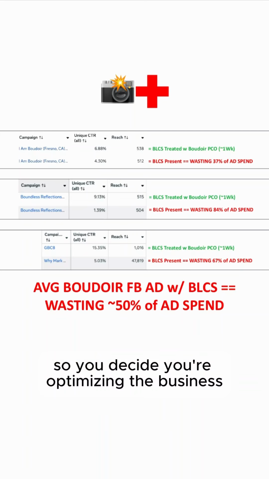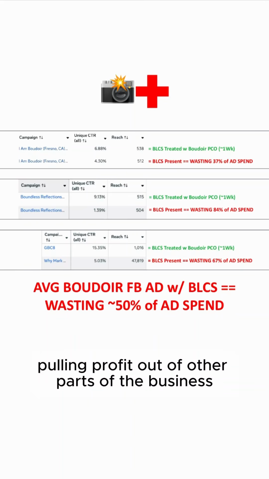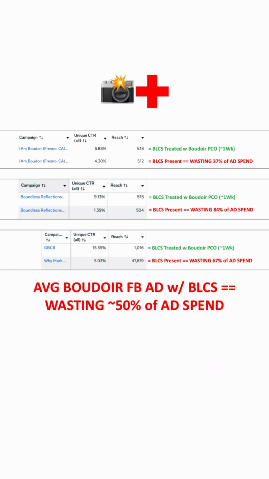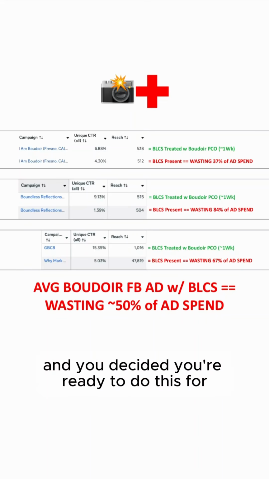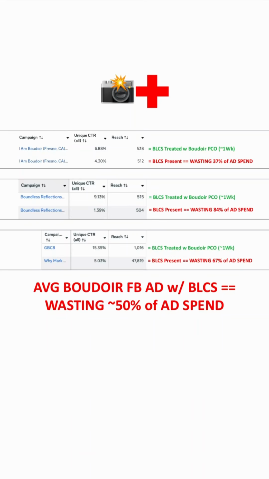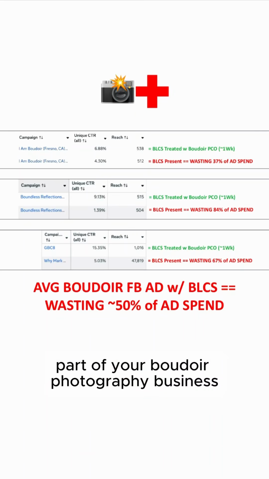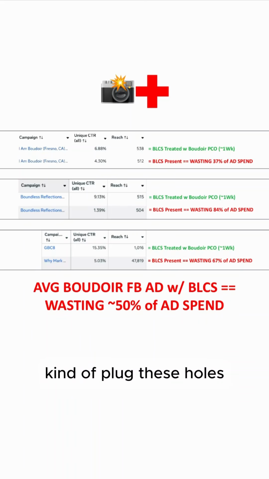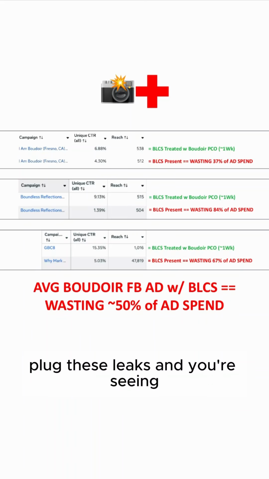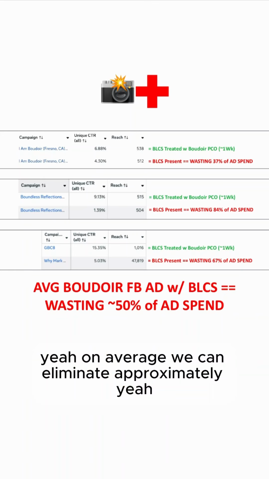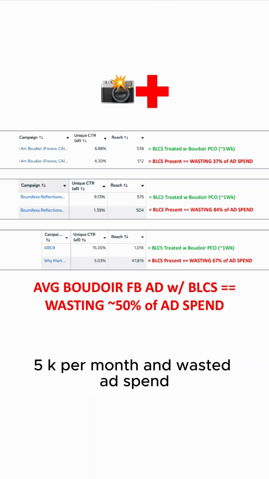So you decide you're optimizing the business, pulling profit out of other parts of the business, and you decide you're ready to do this for the Facebook ads part of your boudoir photography business, plug these holes, plug these leaks. And you're seeing, on average, we can eliminate approximately 5K per month in wasted ad spend.